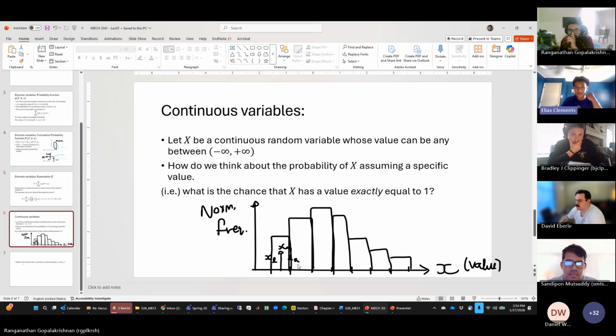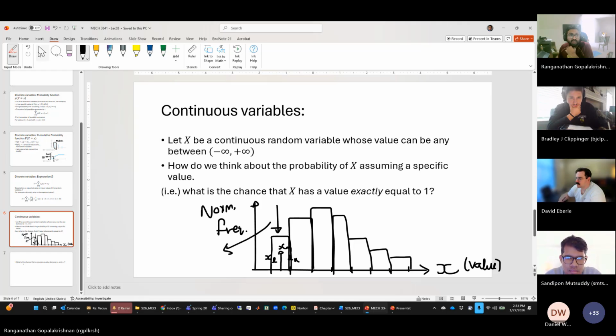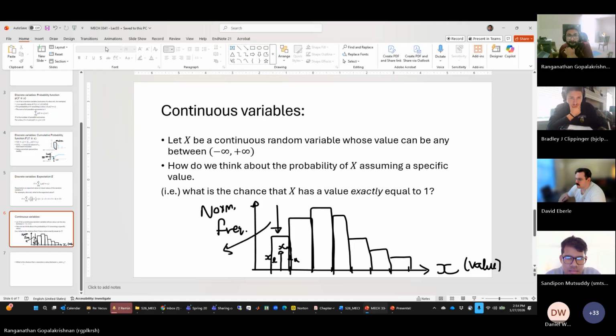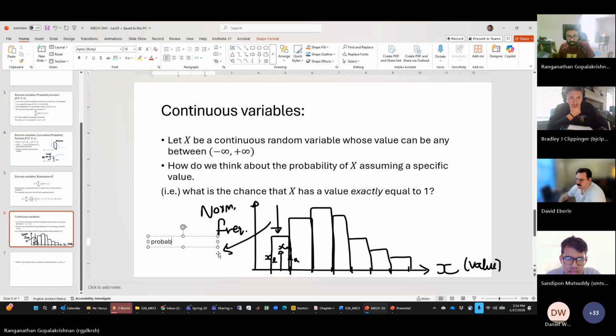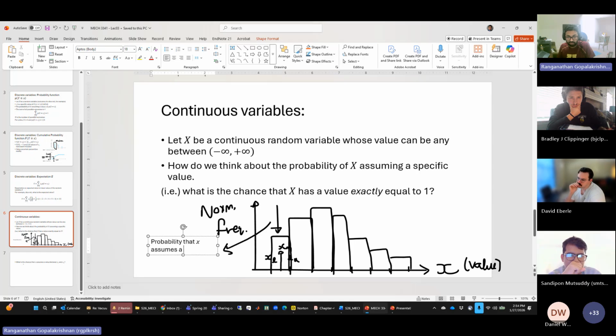The probability of that bin. The probability of that bin, or in other words, the frequency count of that bin, or the normalized frequency of that bin. This would be the chance or the probability that X assumes a value in this bin.